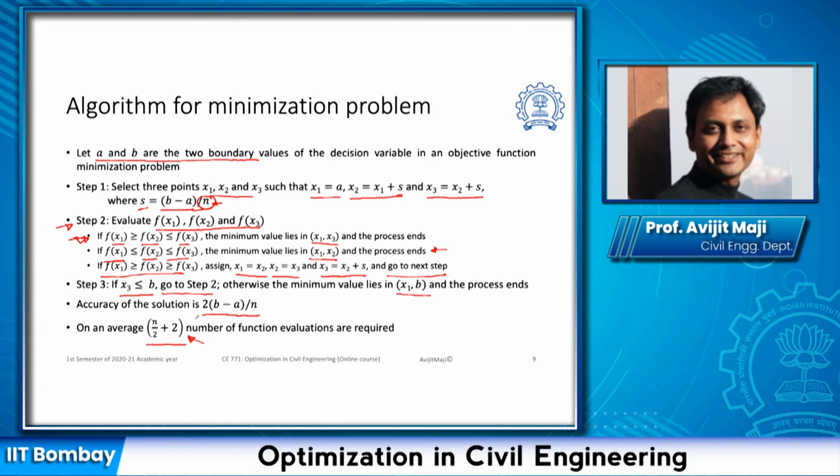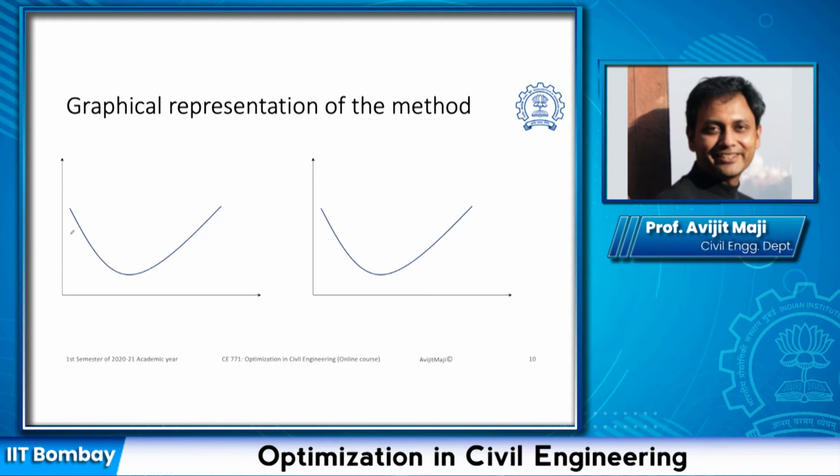So let us first see how this method works in a graphical representation. If my objective function looks like this, which is unimodal, in this case we have only one optimum solution which lies here, and our boundary is here.